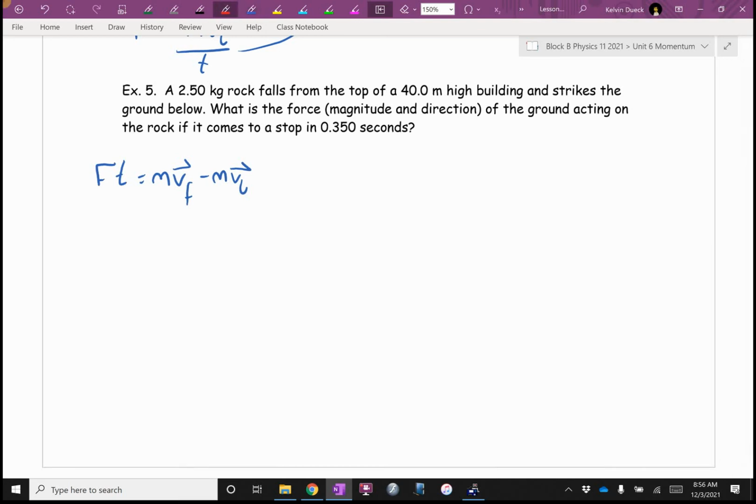I did notice it comes to a stop. What's V final in this case?